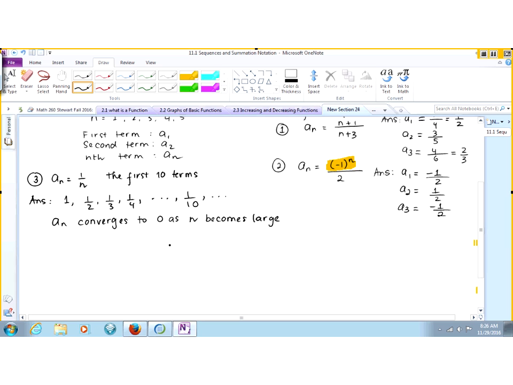In short, we write a_n goes to 0 as n goes to infinity. So this is called a convergent sequence. So a_n equals 1 over n is a convergent sequence because it converges to 0.